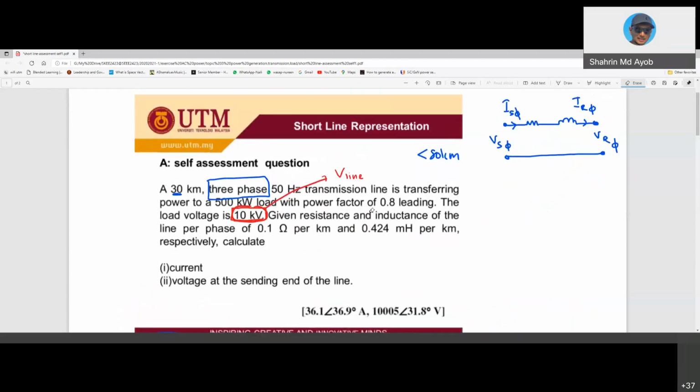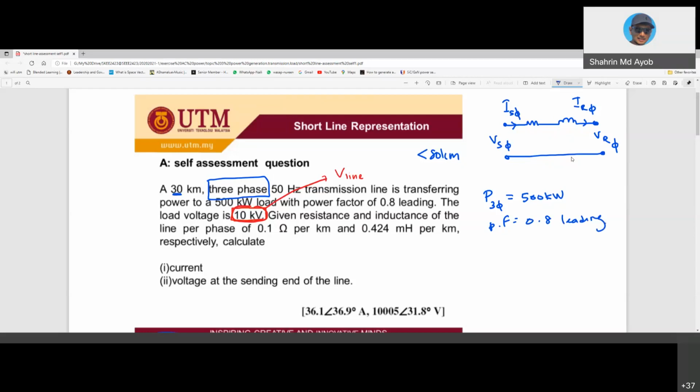A 30 kilometer, three-phase, 50 hertz transmission line is transferring power to a 500 kilowatt load, meaning the load is three-phase power, 500 kilowatt, with a power factor of 0.8 leading.